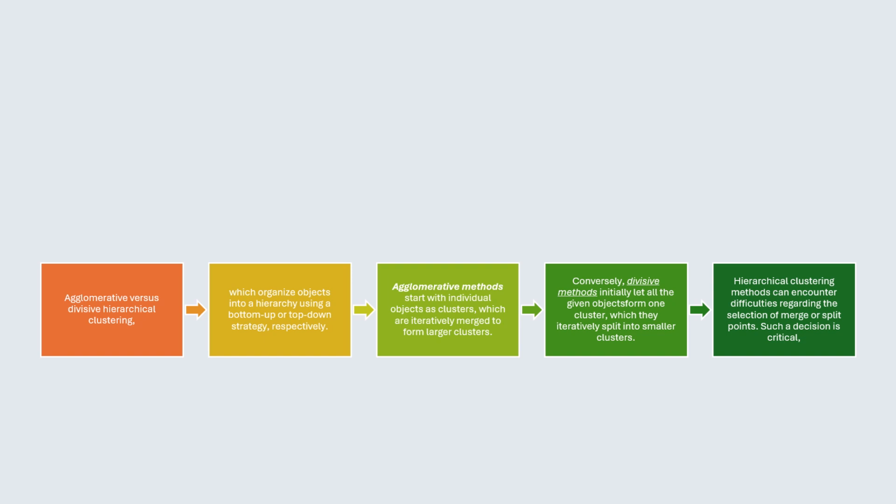It then divides the root cluster into several smaller subclusters and recursively partitions those clusters into smaller ones. The partitioning process continues until each cluster at the lowest level is coherent enough, either containing only one object or the objects within a cluster are sufficiently similar to each other.